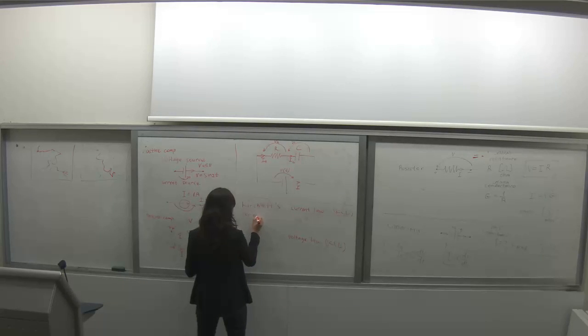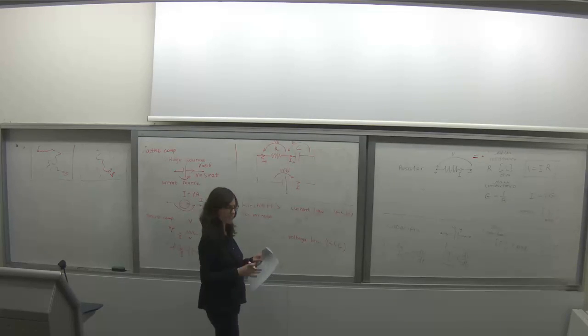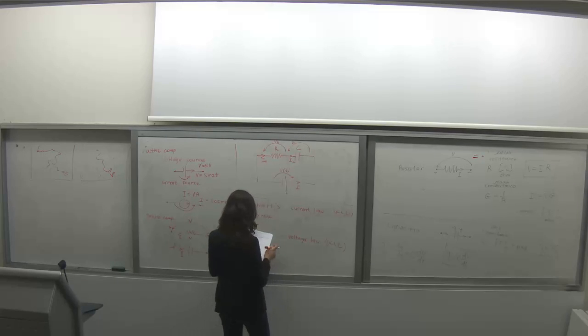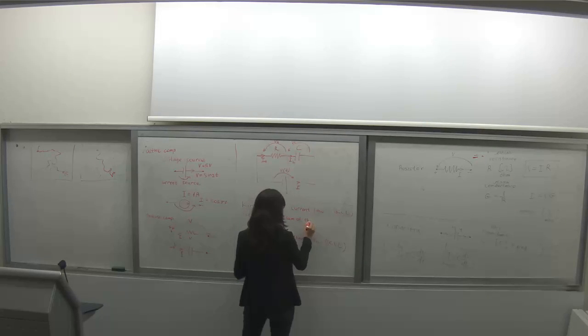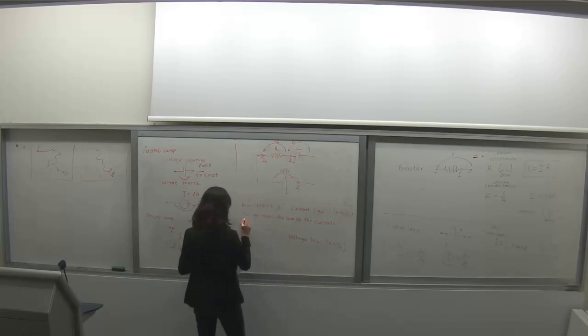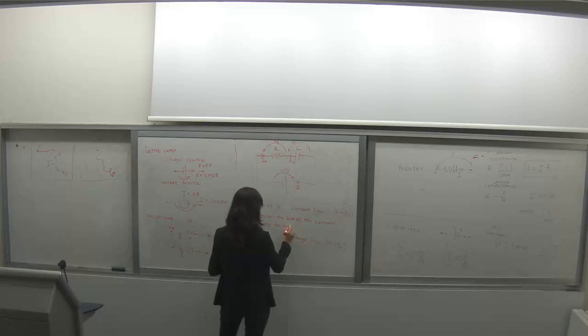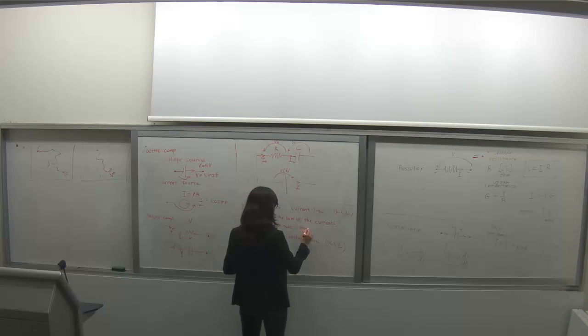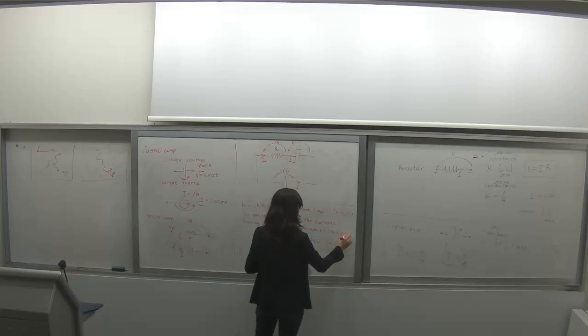For any node in the circuit, a node is just any point that you select in the circuit, the sum of the currents flowing into the node is equal to the sum of the currents flowing out of it.